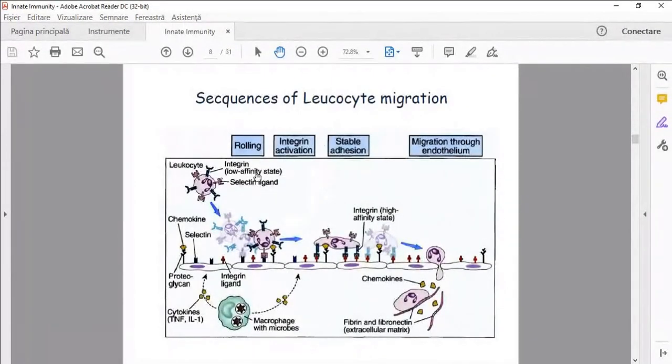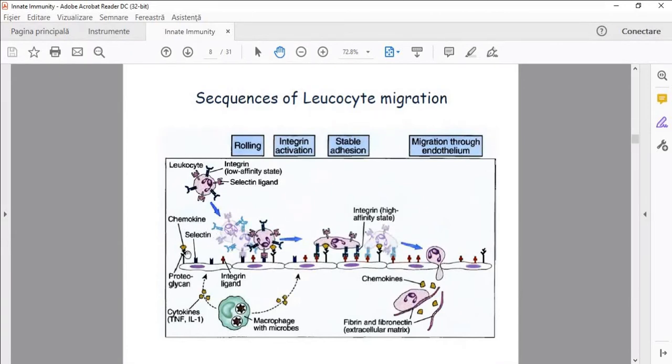Here I just want to name the sequence of leukocyte migration, because all of the steps of inflammation are discussed in the physiopathology lecture in extenso. But I want to remind you of the sequence of leukocyte migration.